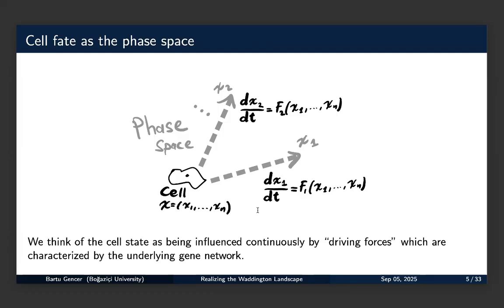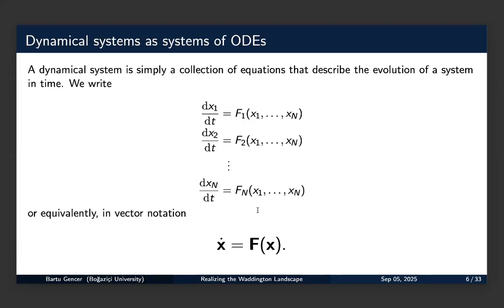And because this relationship between the genotype and the phenotype is continuous, the cell is continuously driven by these driving forces, which of course just gives us a set of ordinary differential equations, which is a dynamical system.